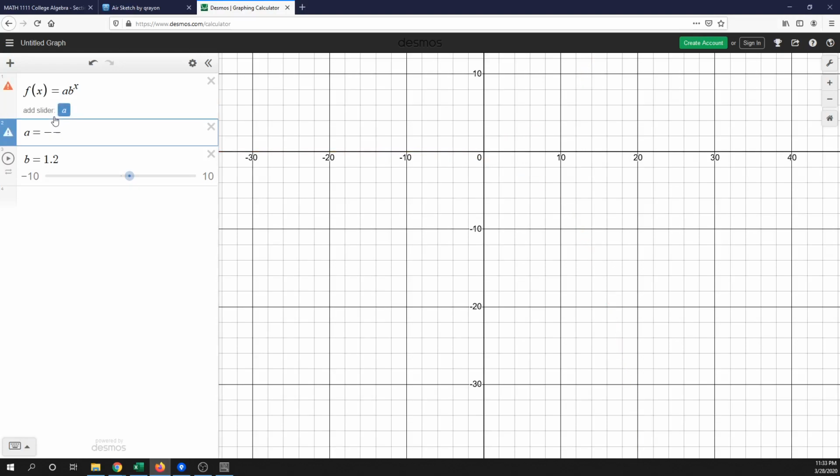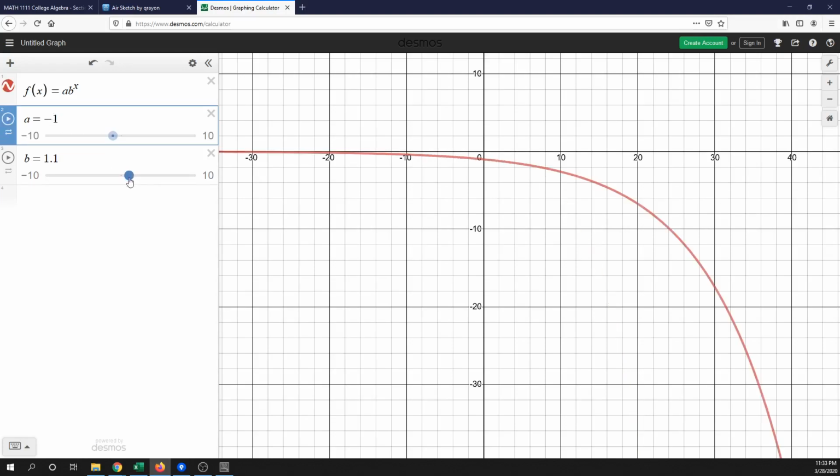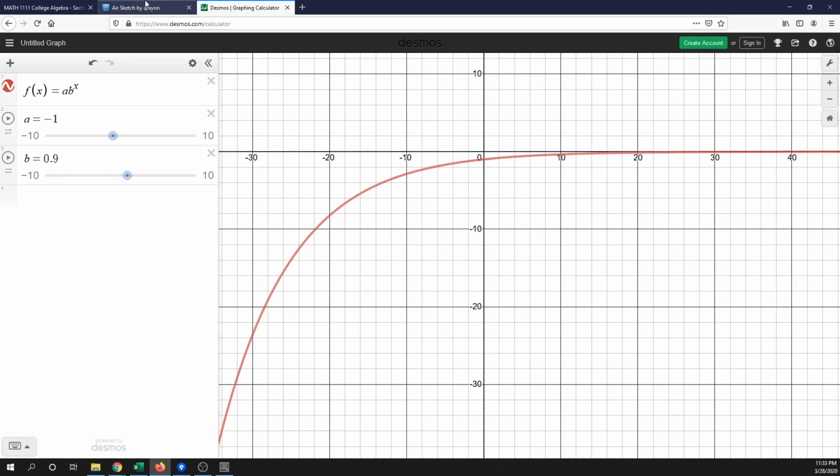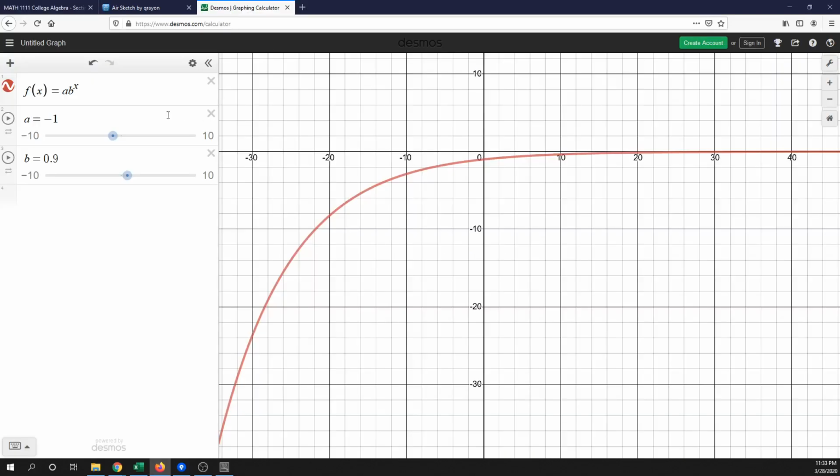around the x-axis. If b is in between 0 and 1, then the graph looks like this. That is the graph of the exponential decay flipped, or reflected about the x-axis again. So that situation would look like this.